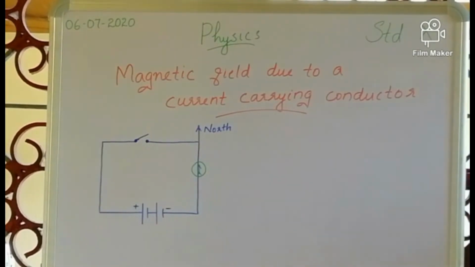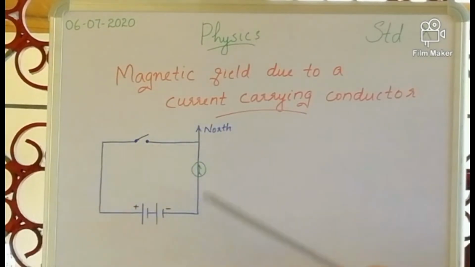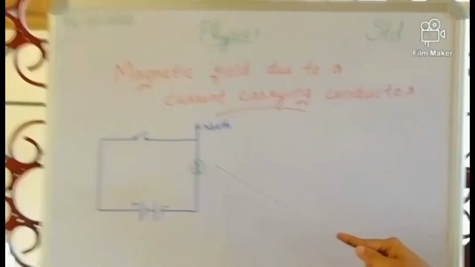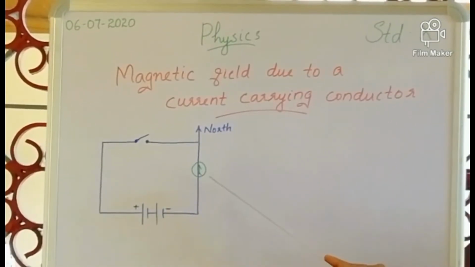For this, we have to take a thick insulated copper wire and fix it in such a way that the wire is in the north-south direction. For that, we have to place the wire parallel to a magnetic compass which points in the north-south direction, as shown here.